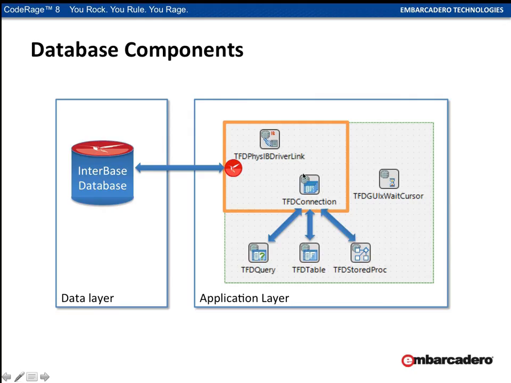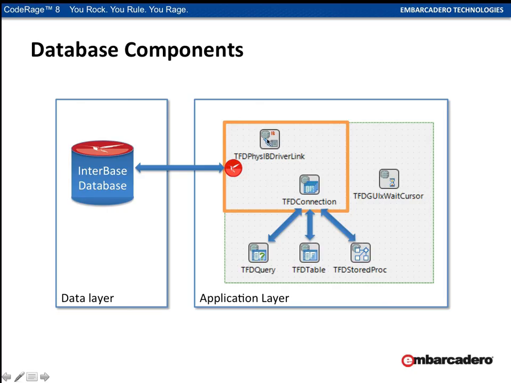Now, with your database, there's 2 additional components that you need, and these are singleton components. So we have an IB driver link here. So this is a physical IB driver link. We have physical links for all the different drivers that we support. And you just need to add one of those to your application to allow it to know how to talk to that database.